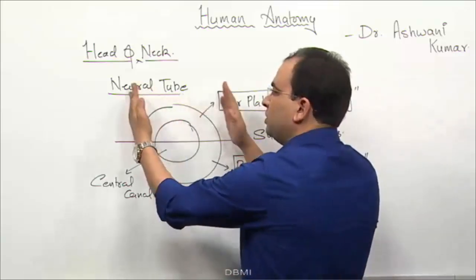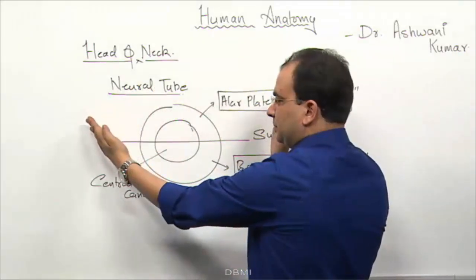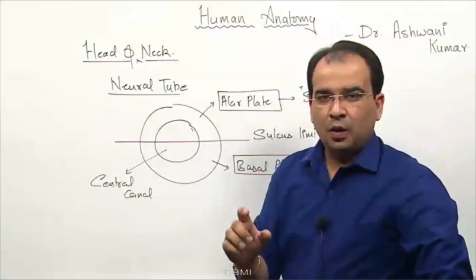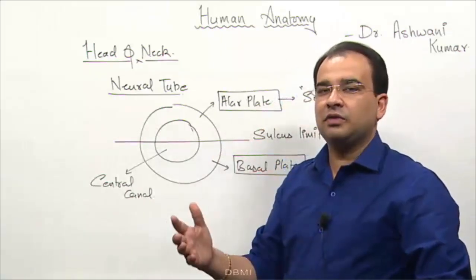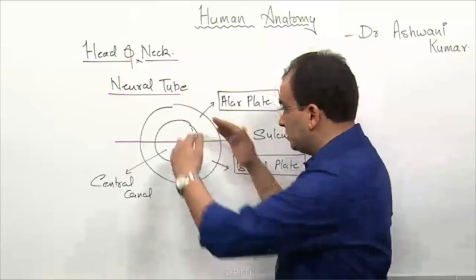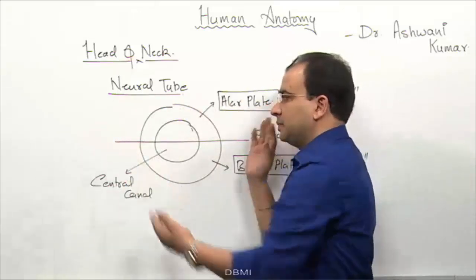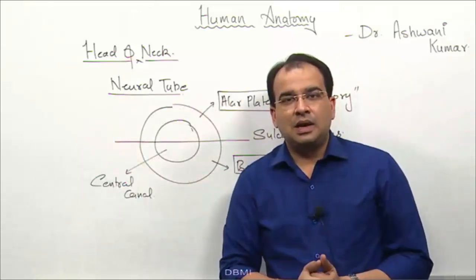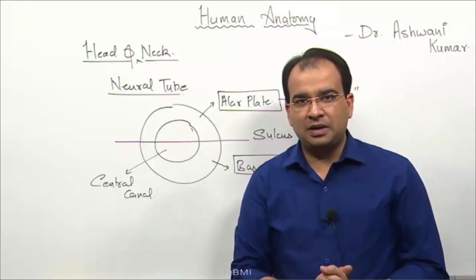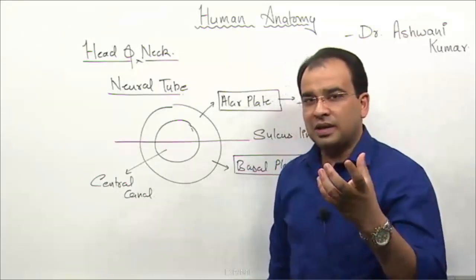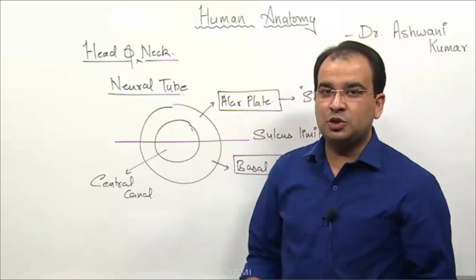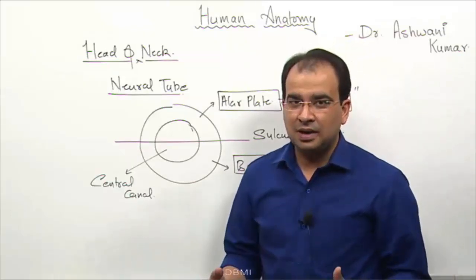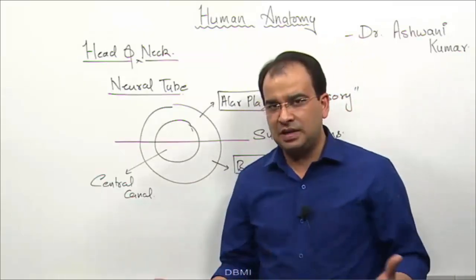This alar plate will be shifted toward the lateral side, and that is the reason you have most of your cranial nerve nuclei which are sensory in function toward the lateral side. The best example is lateral medullary syndrome and medial medullary syndrome. When you look at the case of lateral medullary syndrome, it is usually about the sensory deficits. Why sensory deficits?